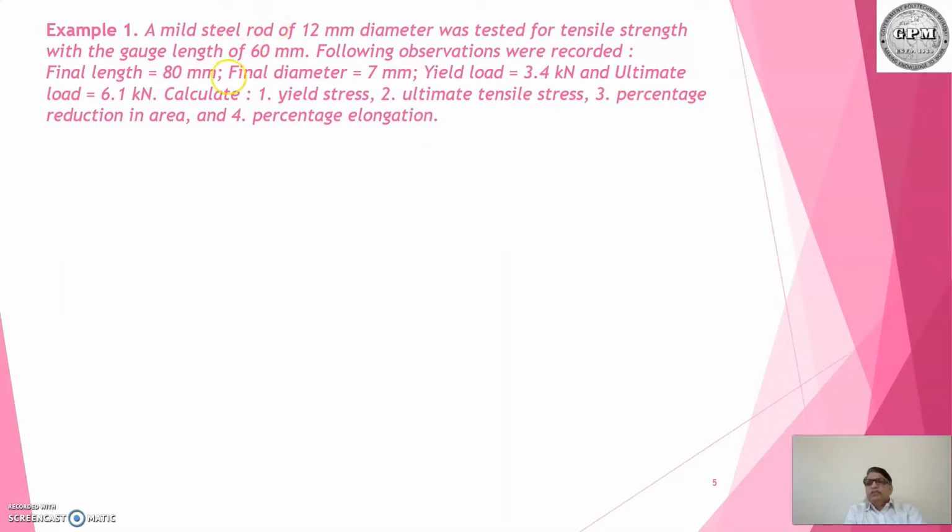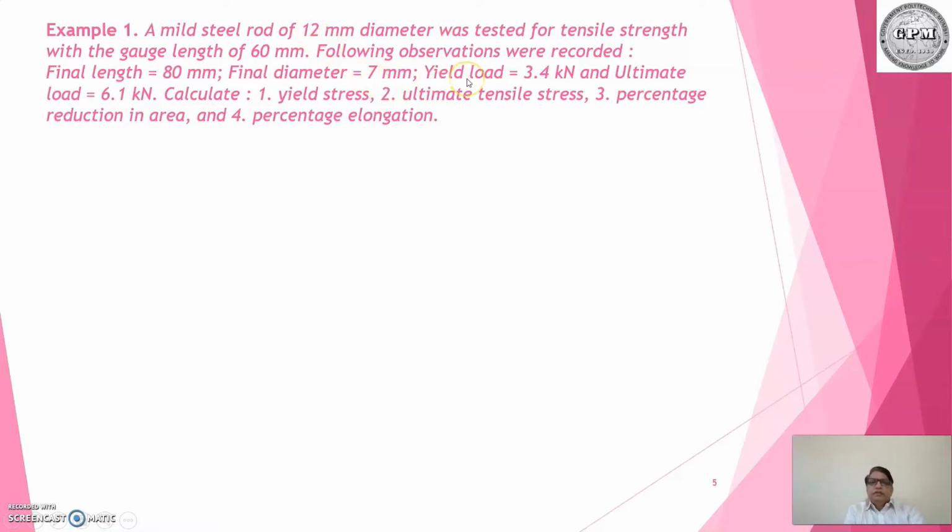So the length which is there is called the gauge length, and the diameter is 12 mm. The following observations were recorded. The final length is 80 mm. After stretching it, you are getting 80 mm. Final diameter is 7 mm. See here, before it is 12 and after it is 7.